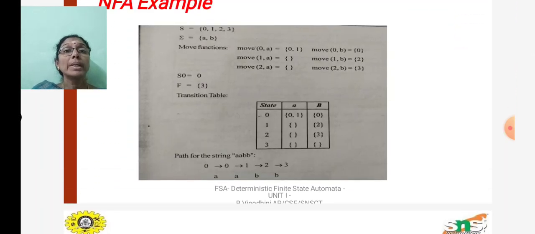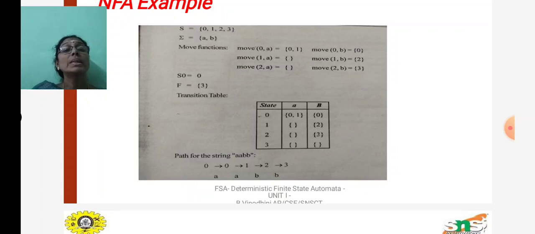The finite automata is represented in terms of the transition table. The transition table contains 3 columns: the states, the input symbols, and which state it goes to on each input symbol. For example, from the 0th state we have transitions on the input symbols a and b.